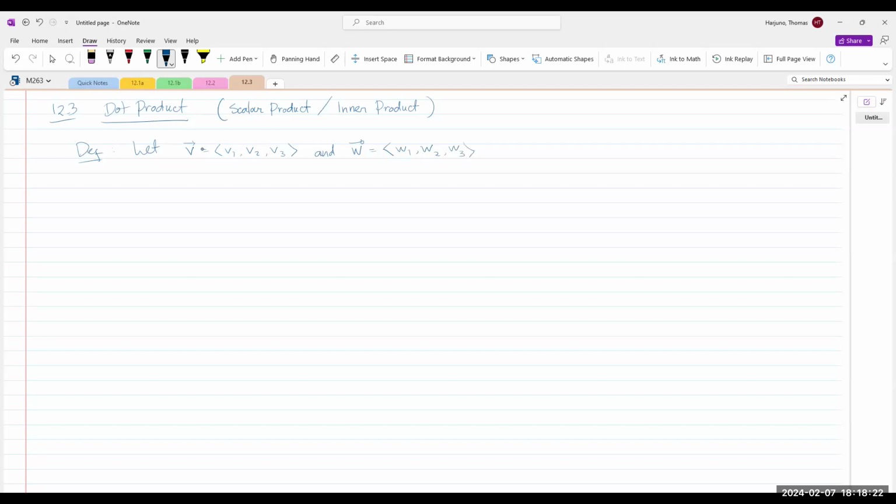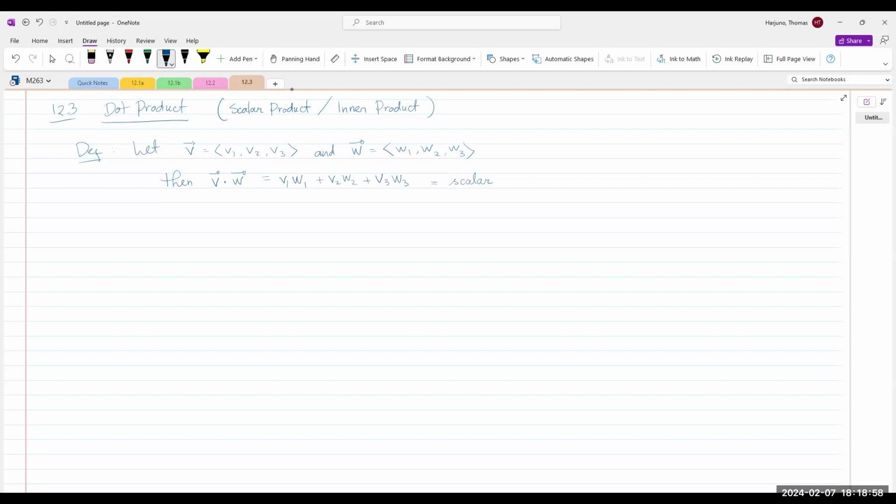Now I'll work in 3 dimensions right away; you can just see that in 2 dimensions. Then v dot w is v1 w1 plus v2 w2 plus v3 w3. And it is a scalar, or just a number, not a vector.